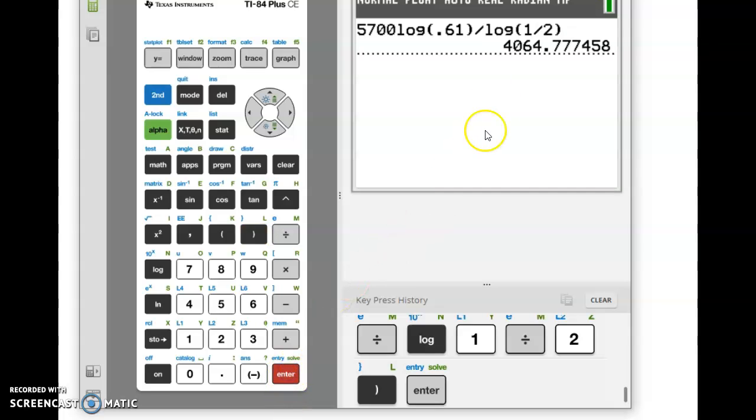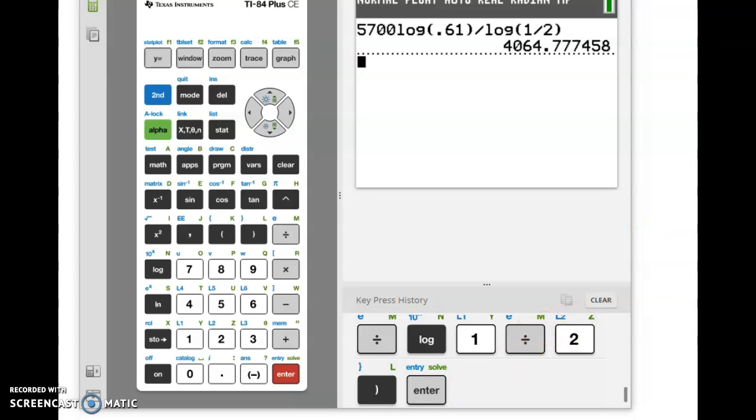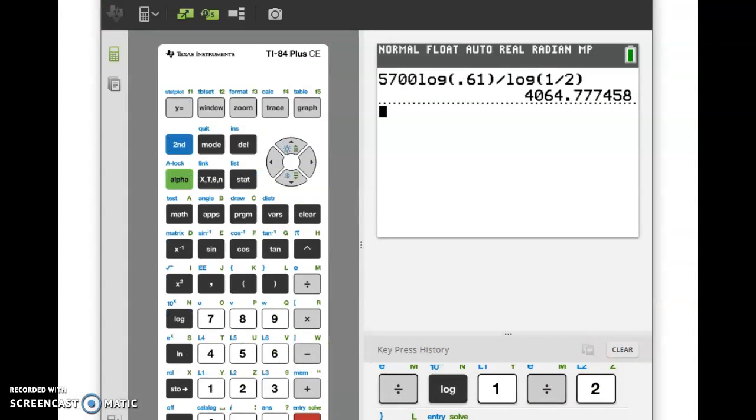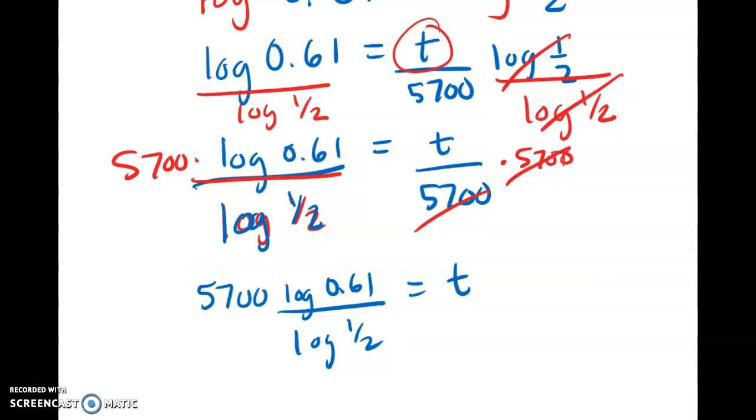I enter, and I get 4,064.77. So this is my answer. Let me write it here, for the years.